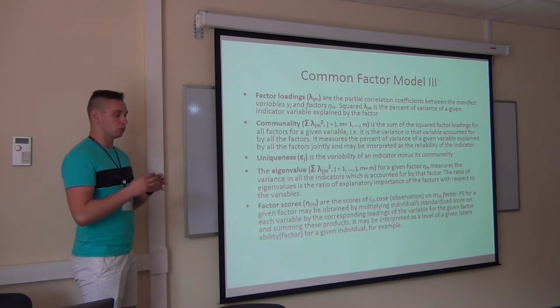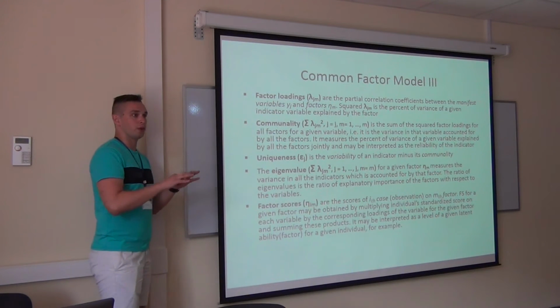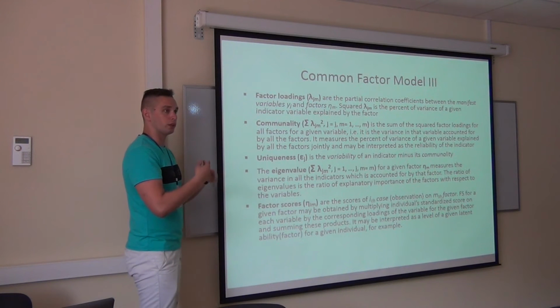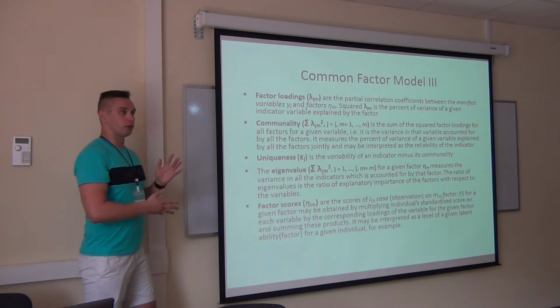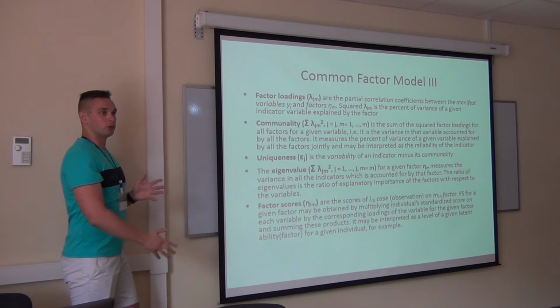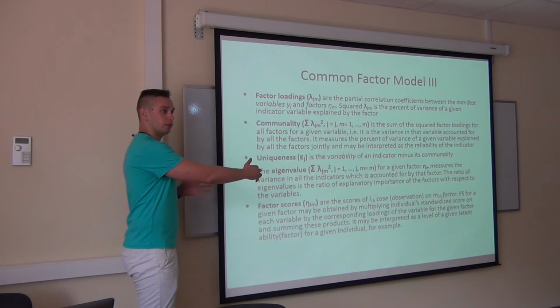So we need to find some concrete number, some concrete score, which can be used, for example, to create a ranking of all individuals in our sample on the latent dimension.